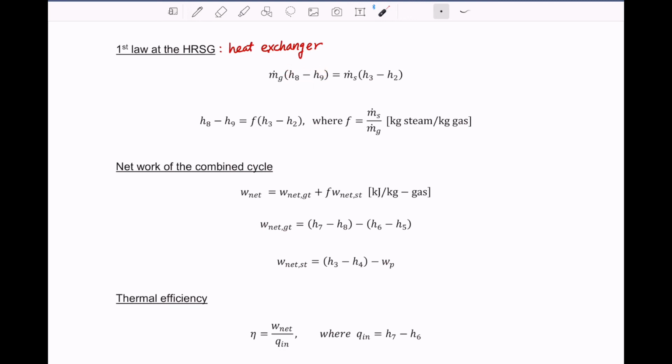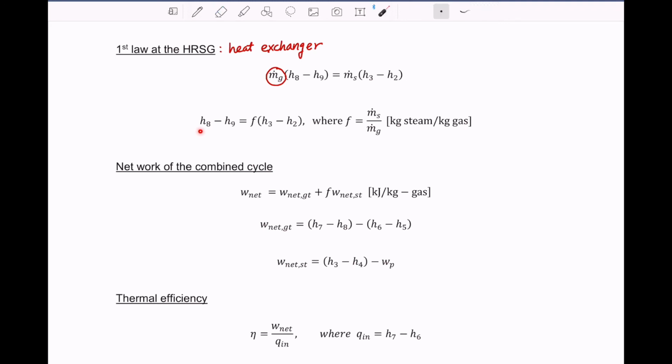And the heat gained by the water can be calculated by the mass flow rate of steam times the enthalpy change from 2 to 3. So that is the amount of heat addition to the steam side. Then by dividing the entire equation by m dot g, we can convert that equation to the equation that we see in the next line.